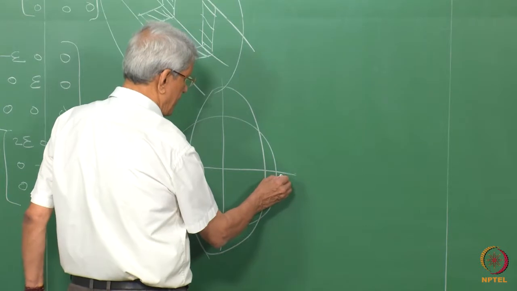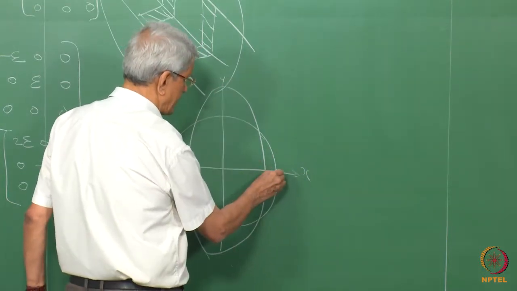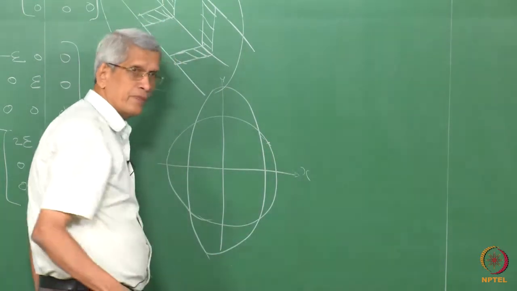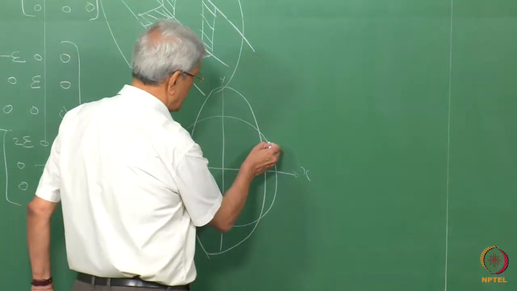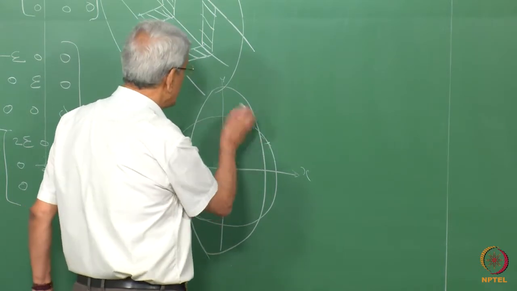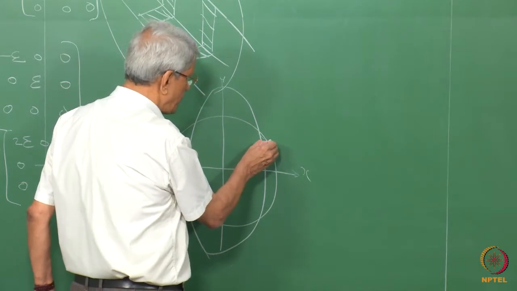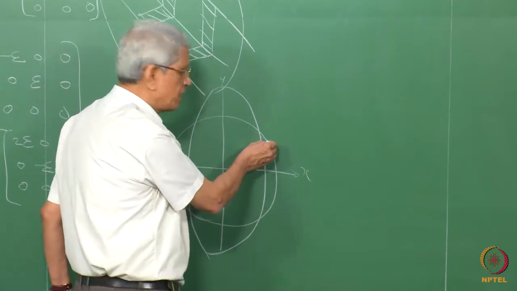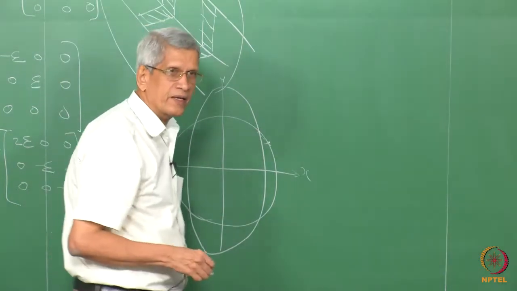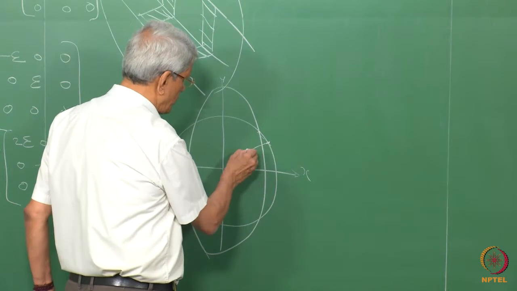Since we have compressed in this direction, a point here, using the compression, will shift to some point here, correct. Then we are pulling it in this direction. So the displacement of this point, the final position, will be from here it reaches, correct. Originally this point corresponds to this vector.